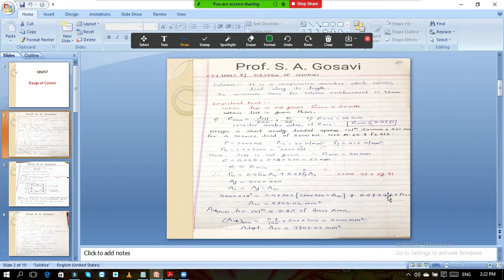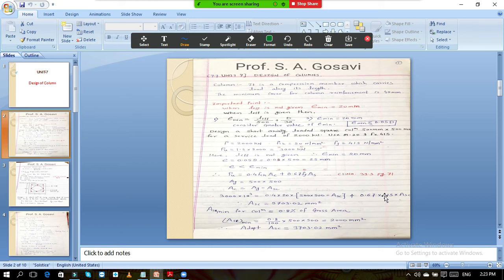So here we can see that eccentricity E is less than E minimum. So here we can use this formula: Pu is equal to 0.4 FCK AC plus 0.67 Fy into AS. This formula is given in clause number 39.3, page number 71.